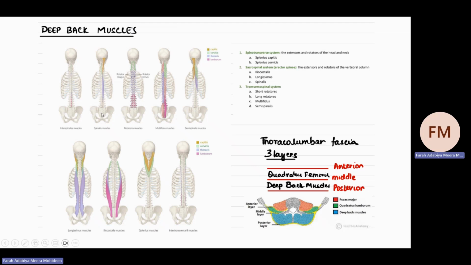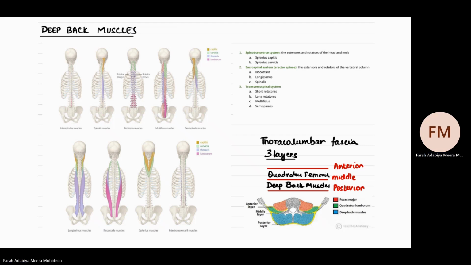Okay, all of these originate from your spine and also insert into your spine itself, but they're all innervated by the posterior branch of your spinal nerves, and it depends upon the area it is present in whether it's from the cervical, thoracic, or lumbar spinal nerves, right?